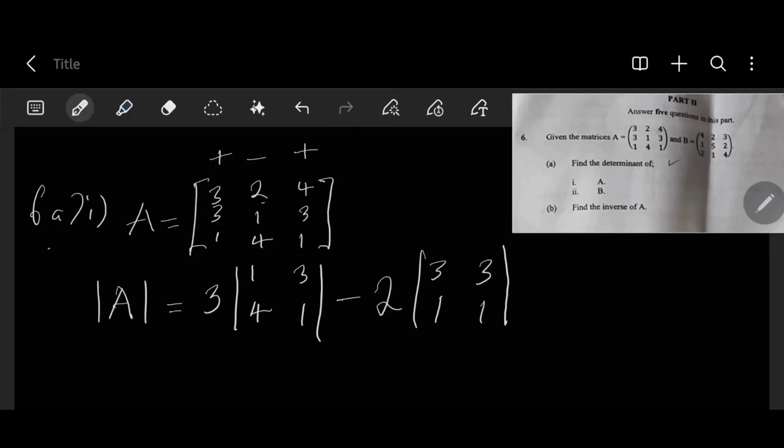Okay, so the next one, I'm going to have positive 4. The third column is positive, so positive 4. Then I'll cover up everything in the column where the 4 falls under and the row also. So what am I left with?